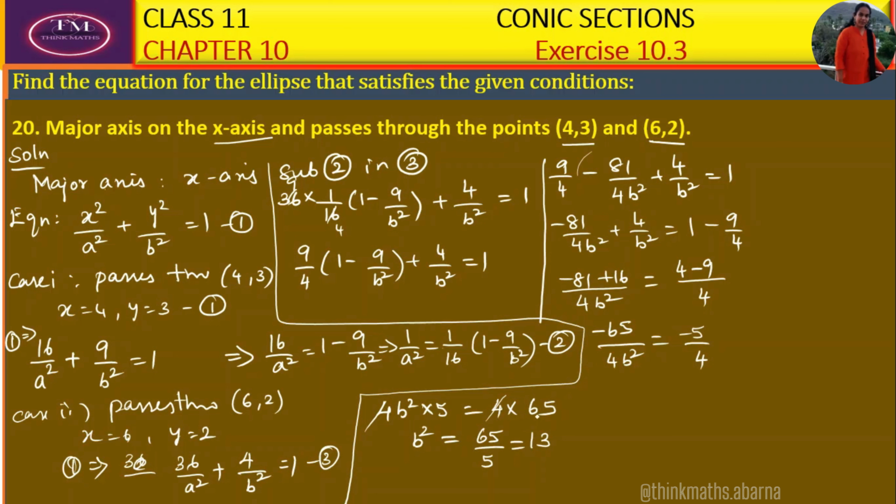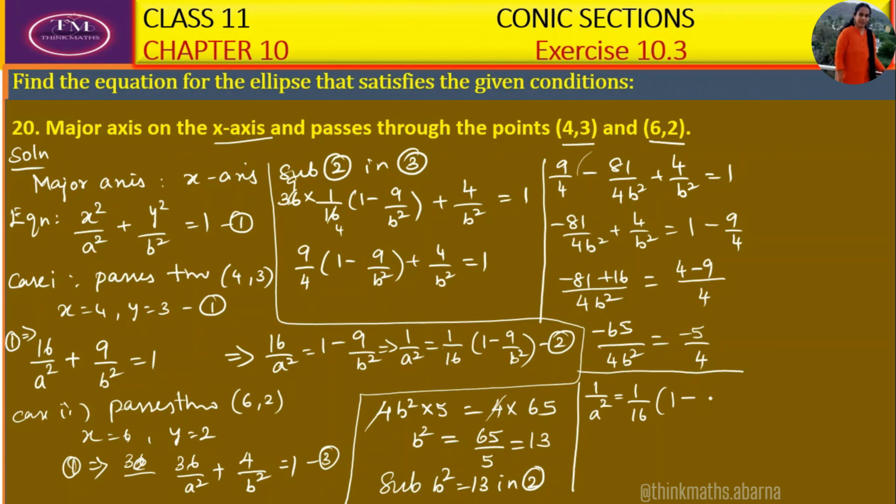So if we substitute the value of b square in the second equation, so substituting b square equal to 13 in 2. So 1 by a square, just a minute. 1 by a square equal to 1 by 16 into 1 minus 9 divided by, what is b square? B square is 13.